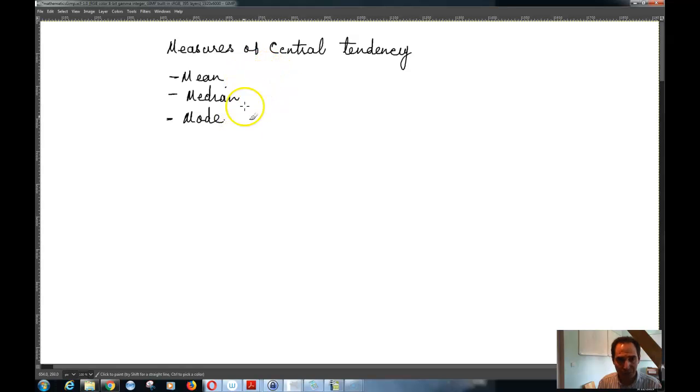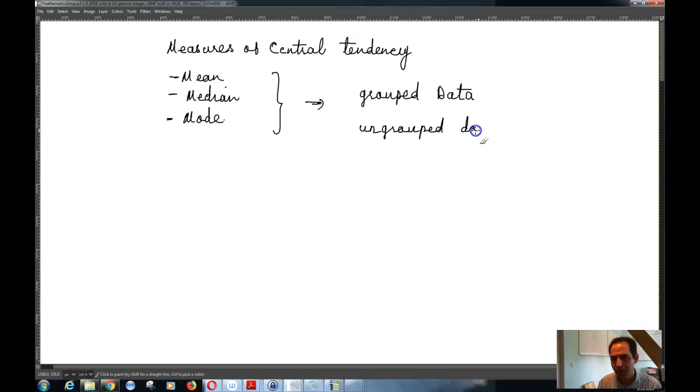It's possible to calculate the mean, the median, and the mode for grouped data and also for ungrouped data. For ungrouped data, it's easy to calculate the mean, the mode, and the median.